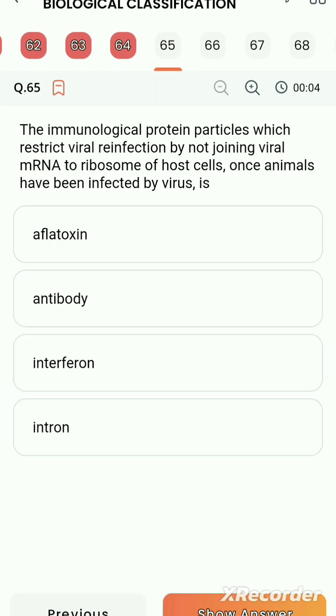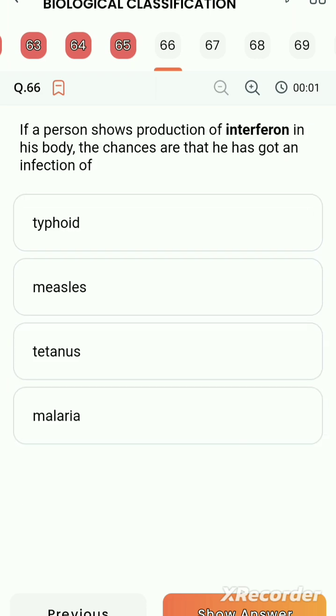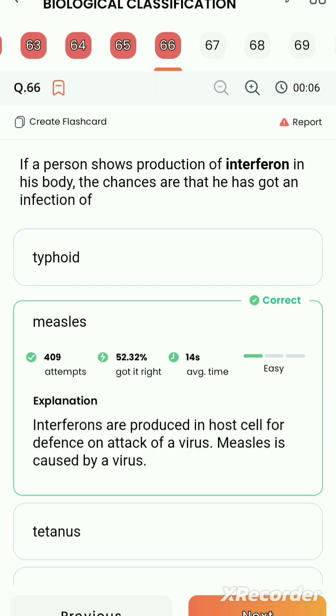The immunological protein particles which restrict viral reinfection by not joining viral mRNA to ribosomes of host cells, once animals have been infected by viruses, that is the interferon. If a person shows production of interferon in his body, what does it mean? There is a viral infection in your body.